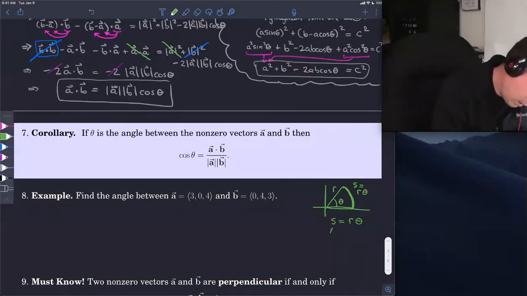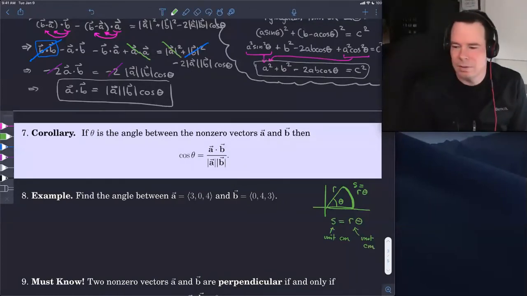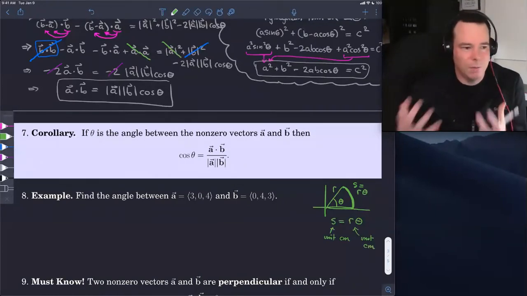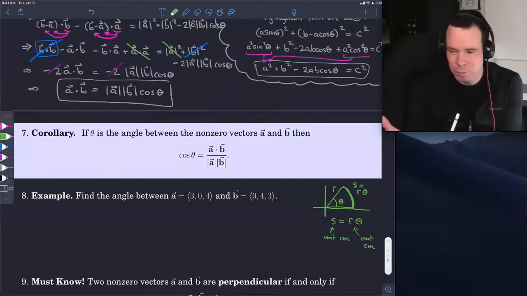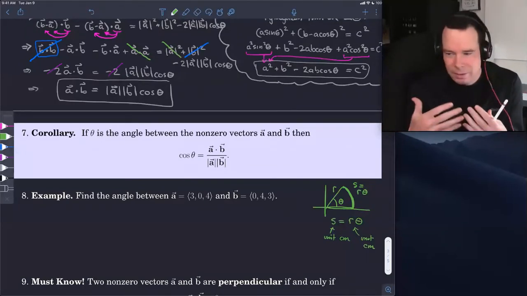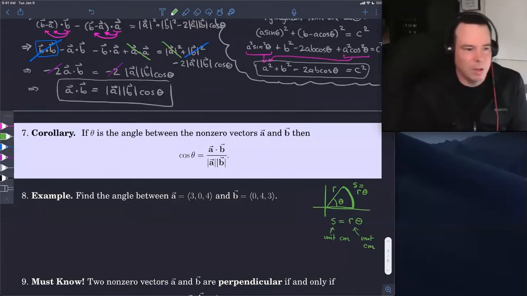Then S would have a unit of centimeters. R would also have a unit of centimeters. And so that tells us that in order for this equation to be valid, theta cannot have a unit of measure, because whatever theta's unit of measure would be, S would have to be centimeters times that unit of measure.